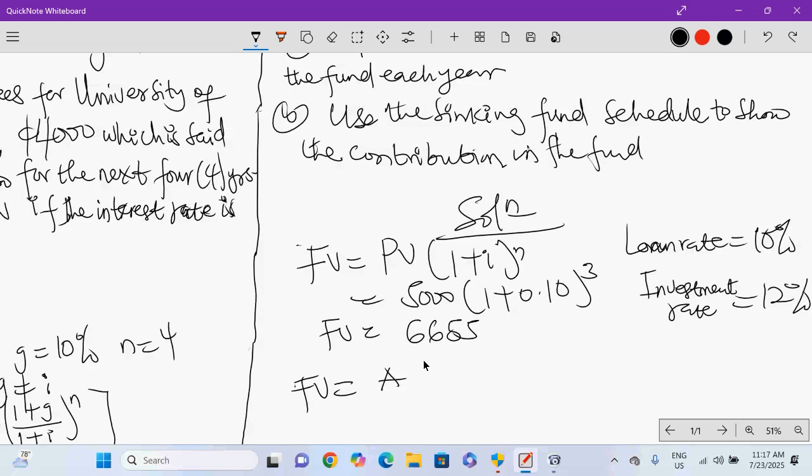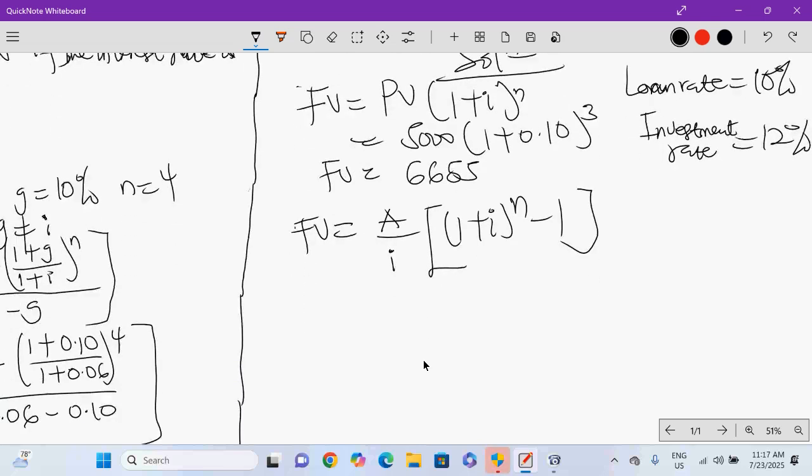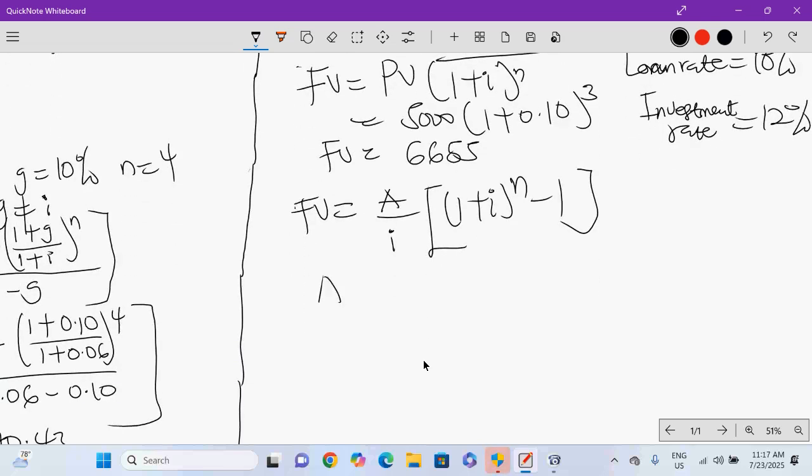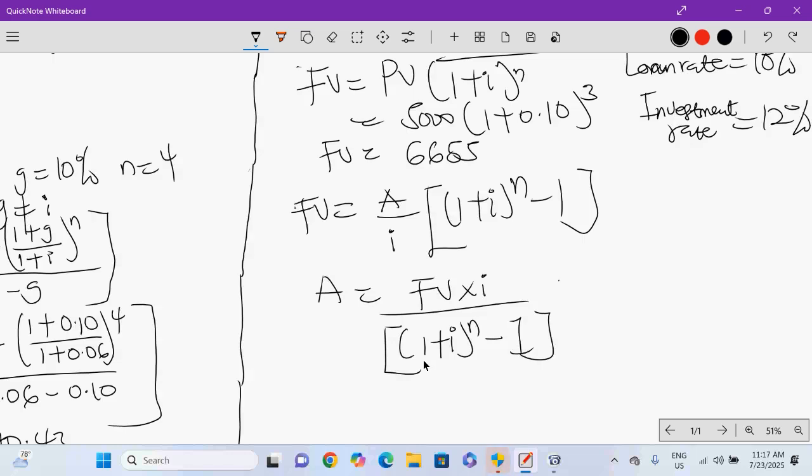The future value is A over i times (1 plus i) to the n minus 1. So to get the equal payment, A is equal to future value times i all over (1 plus i) to the n minus 1.